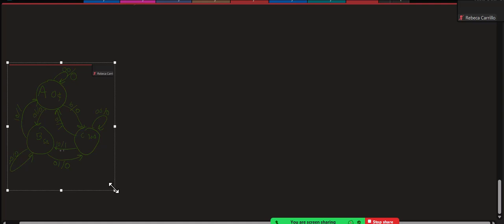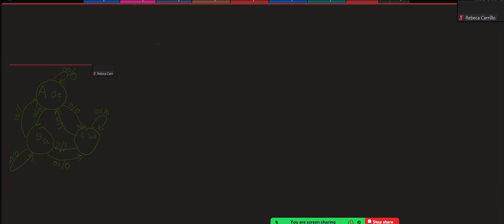Our states are A, B, and C, but it doesn't really matter what order I put them in. So I'll put reset up here at top, and I'll have reset go down to A.